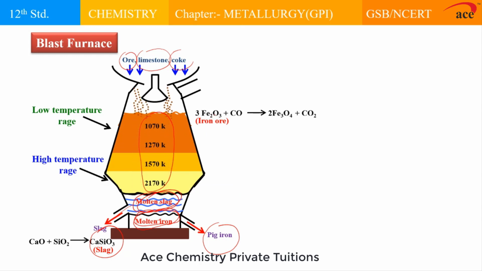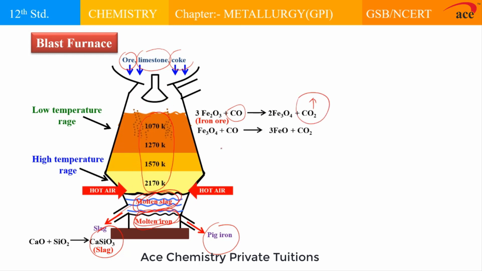The Fe2O3 is reduced by carbon monoxide at the upper part of the furnace, and it forms Fe3O4, with loss of carbon dioxide gas. This Fe3O4 is also reduced by carbon monoxide to form FeO, and again the waste gas formed is carbon dioxide.